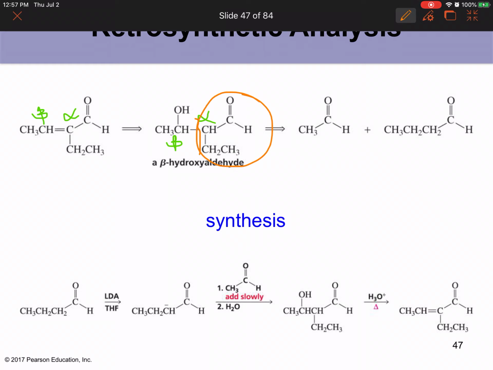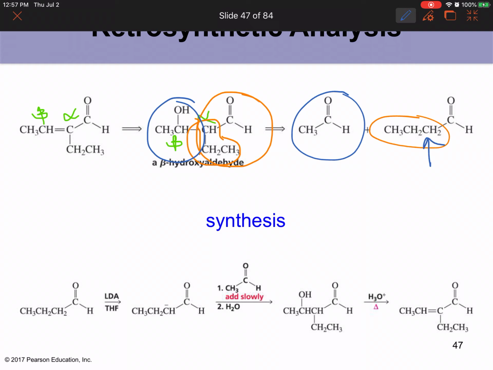Alpha carbon, okay, so these 3 over here. Okay, so that is this 3 group. And from the other side, you have a methyl group, carbonyl group, and a hydrogen. This group. Right? So where are we going to make the enolate? So the enolate has to be done on this carbon.